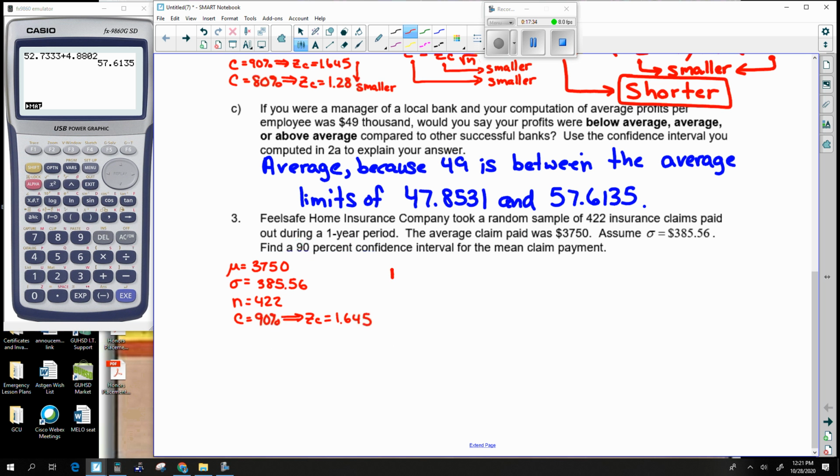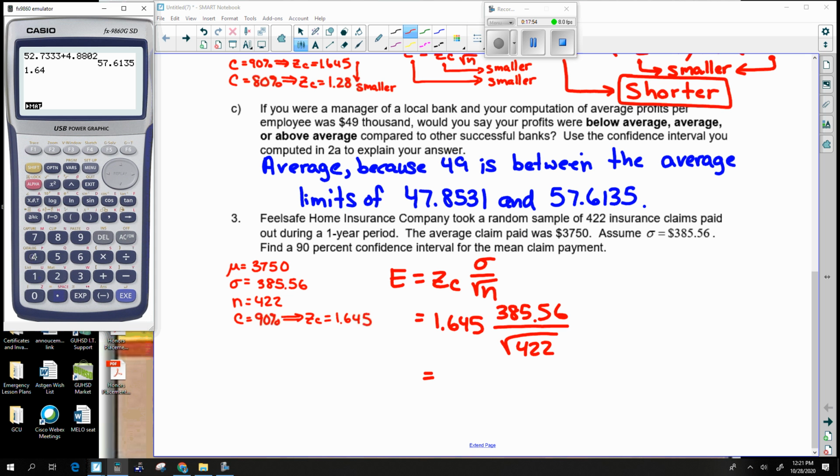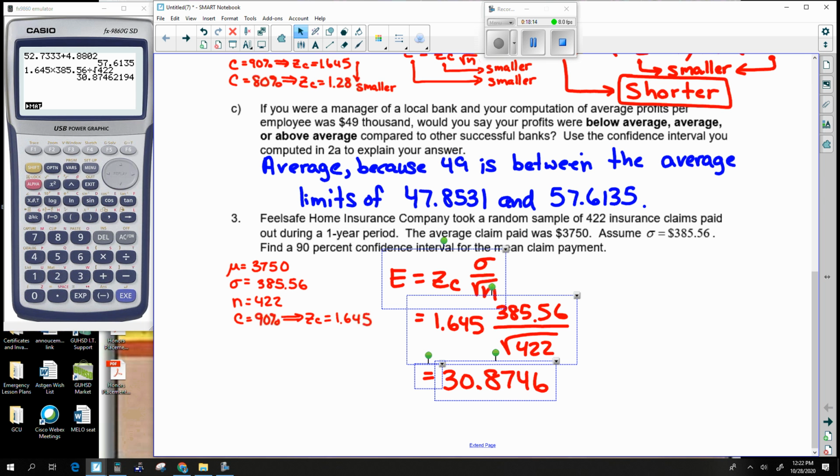So that is used in the margin of error, which is ZC sigma divided by the root of n. So this is going to be 1.645 of sigma divided by the root of n. Okay, so we have our margin of error.